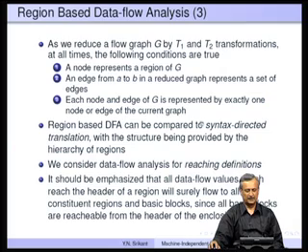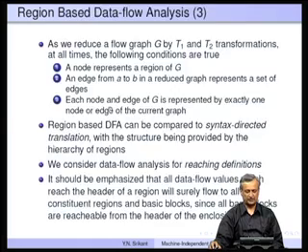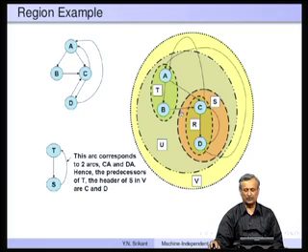So, in the reduced graph, each node and edge of G will be represented by exactly one node or region. So, a node of this graph G cannot be present in more than one region at any point in time. It can be a part of exactly one region. The same is true for an edge as well. An edge cannot belong to two regions at any point in time.